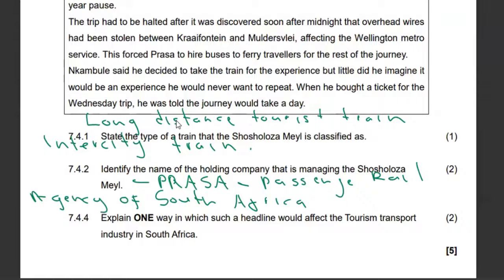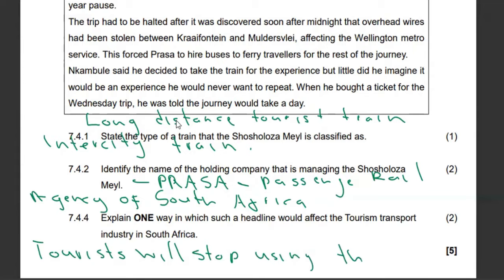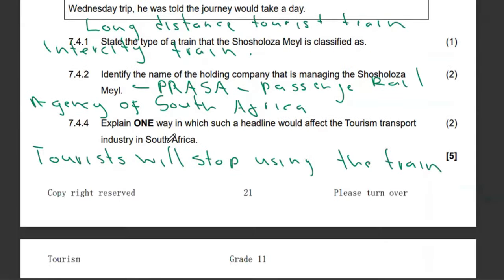Explain one way in which such a headline would affect the transport tourism industry. So tourists will stop using the train. Then in addition to that, low ridership.